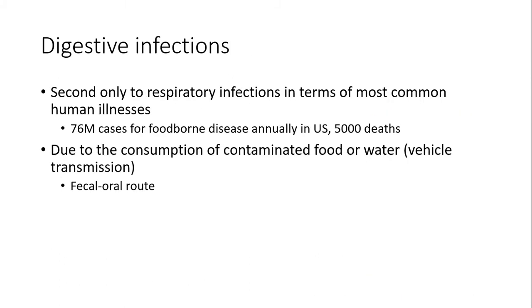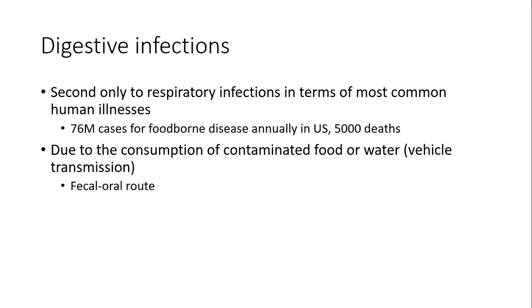So digestive infections are very, very common. In fact, they're second only to respiratory infections in terms of the most common illnesses for humans. Annually, we see about 76 million cases of foodborne disease, and that's probably an underreport. A lot of people don't go seek treatment when they have a GI illness, as long as it resolves within a day or so.